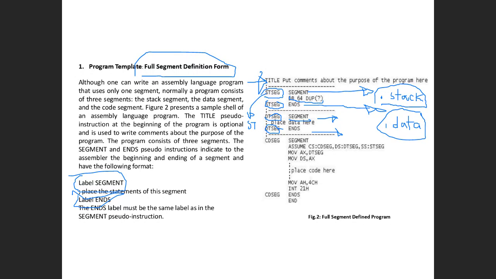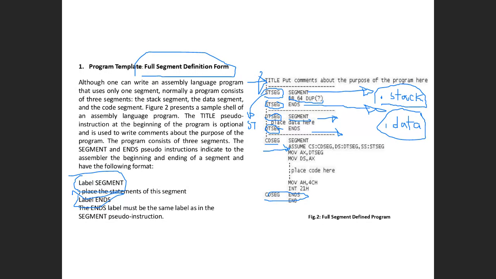Then in the code segment, this is also the name of the code segment, and this is the end of the code segment: name SEGMENT and name ENDS. What is also different here?